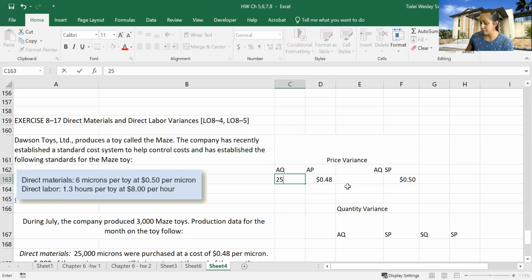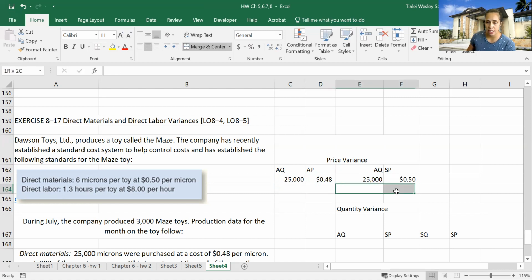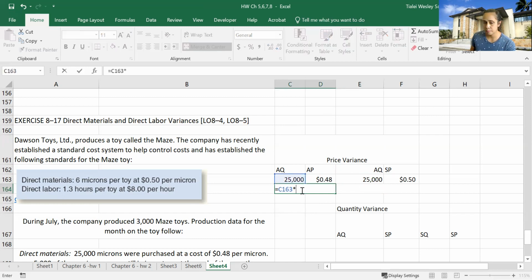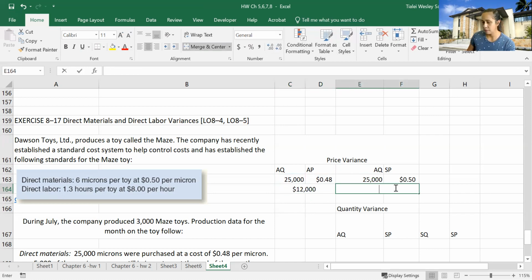Actual quantity, they purchased 25,000 microns, and 25,000 microns. Okay. And now I can calculate this together and compare for my price variance. So 25,000 multiplied by actual price, they paid $12,000, and 25,000, and they should have been spending 50 cents.